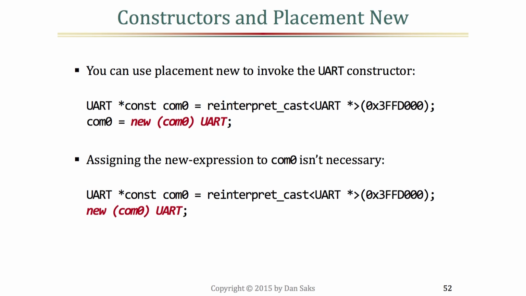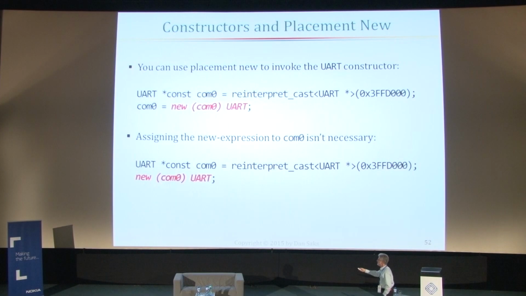And it turns out that you're passing it a pointer to a location you already got, and operator new returns the pointer to what it just allocated. What comes out of new is what just went in. This is a situation where you really don't even have to assign it. It looks kind of odd, but it turns out there's no reason to assign it. You've already done it right there, and you're just passing it in to say call the constructor.